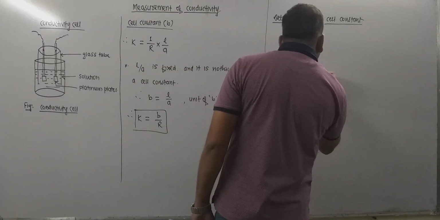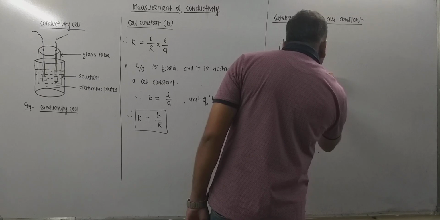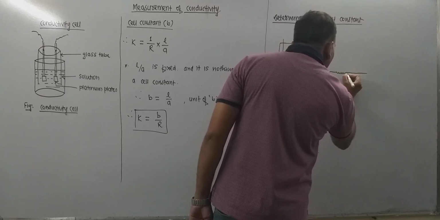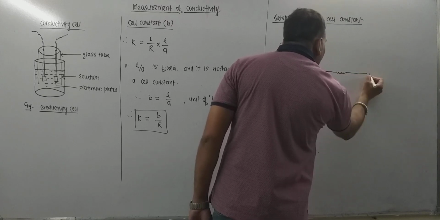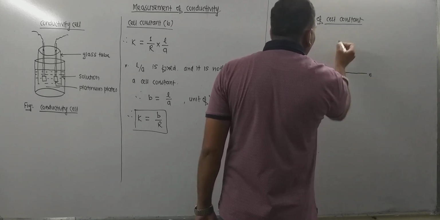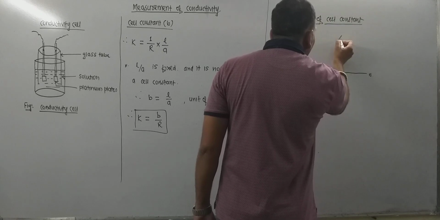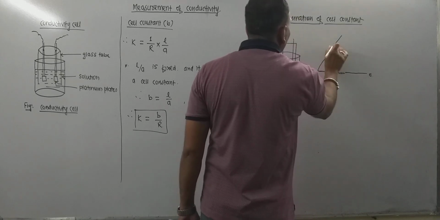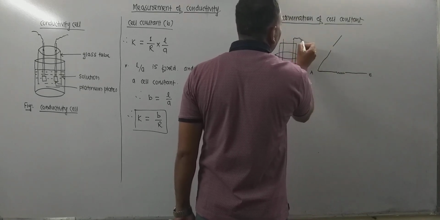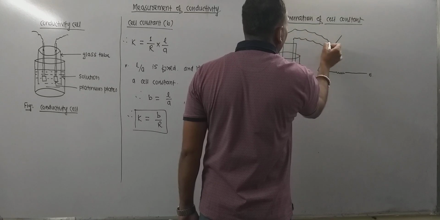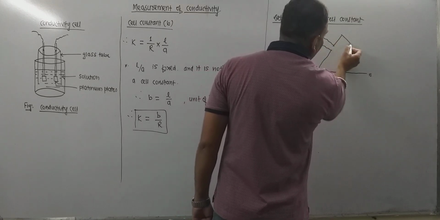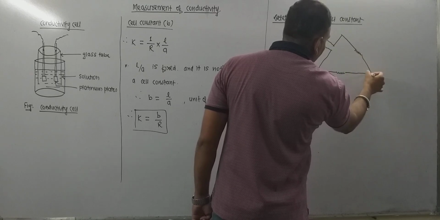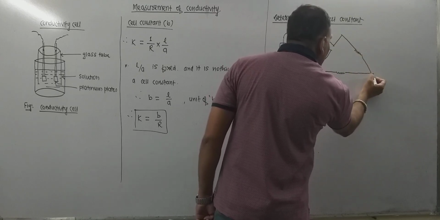Now what in addition should we have? We should have a straight wire AB. One arm of this is to be connected with the conductivity cell like this, and the other arm consists of an adjustable known resistance.